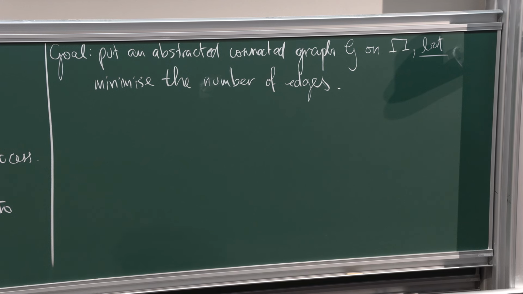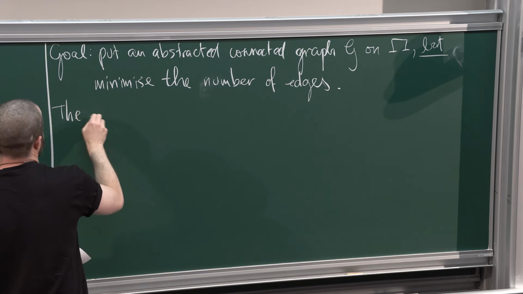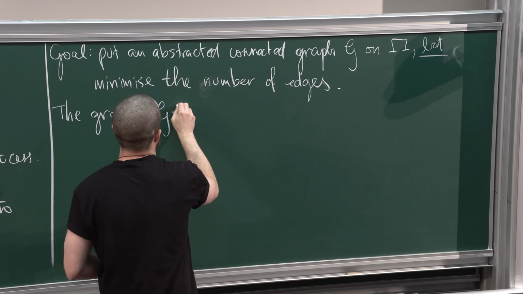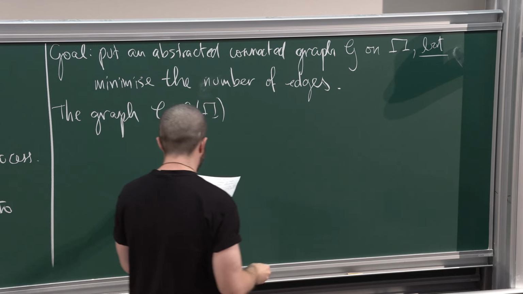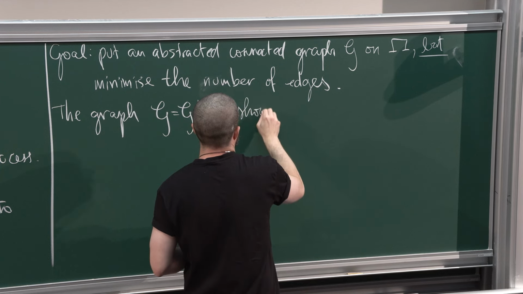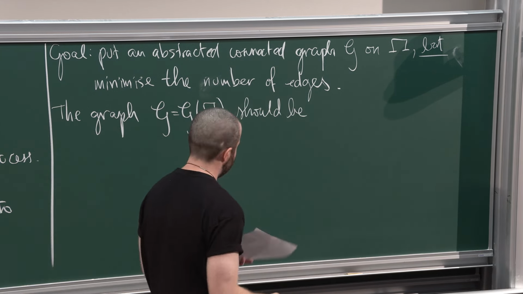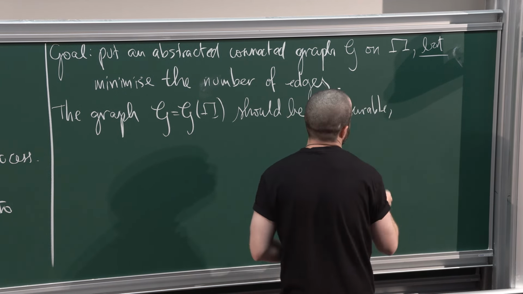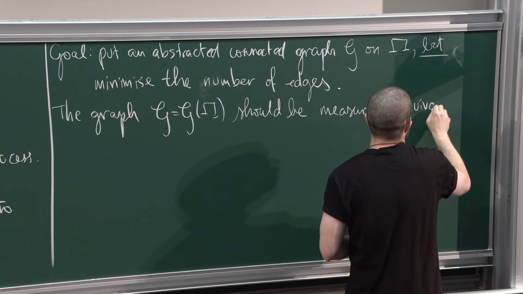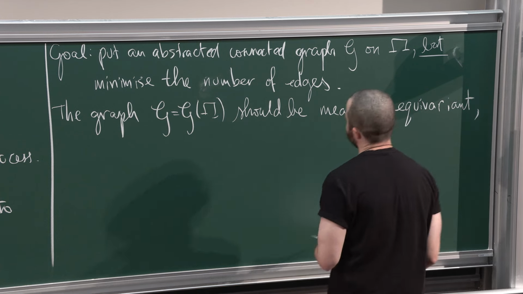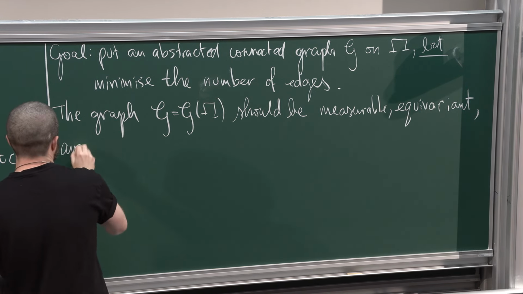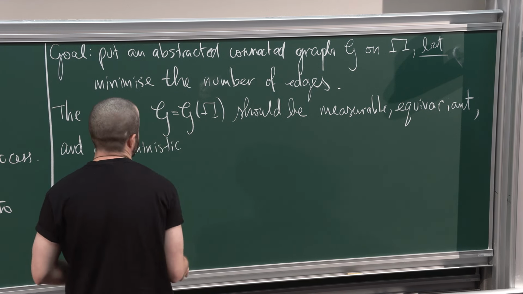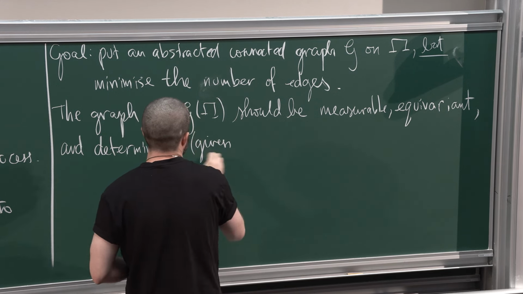Okay, so the graph has to satisfy some properties. So it's G equals G of pi. It's a random graph. It should be measurable, measurably defined, equivariant, and this is the big one, deterministic, given pi.